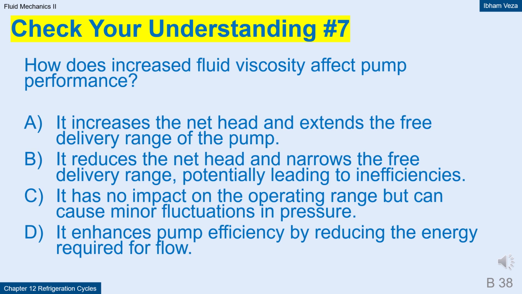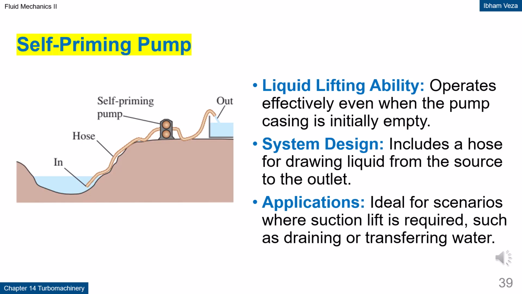Option C. Increased viscosity significantly impacts the operating range, making this option incorrect. It requires adjustments to avoid inefficiencies and motor strain. Option D. Increased viscosity generally reduces pump efficiency as more energy is required to move the fluid, contrary to what this option states.